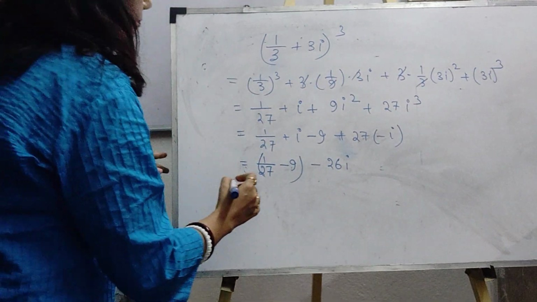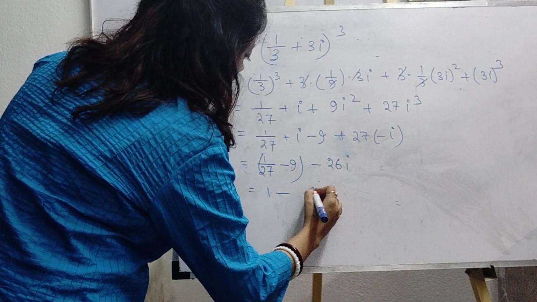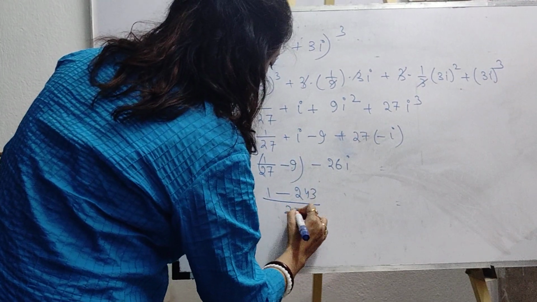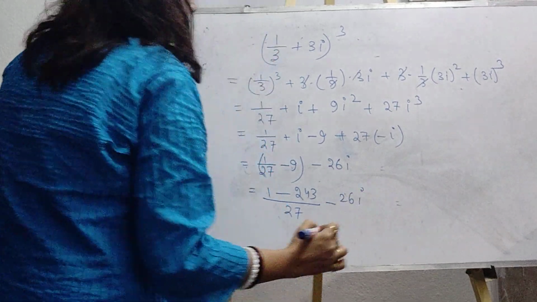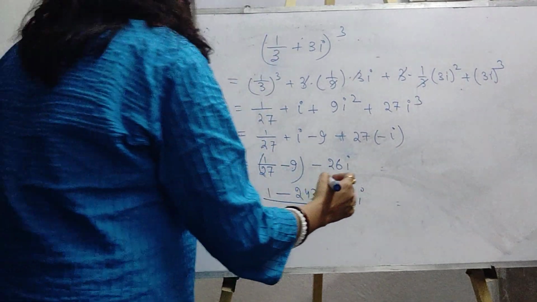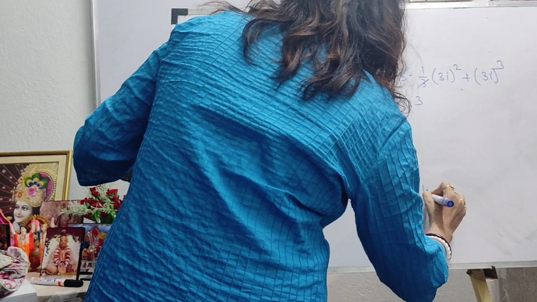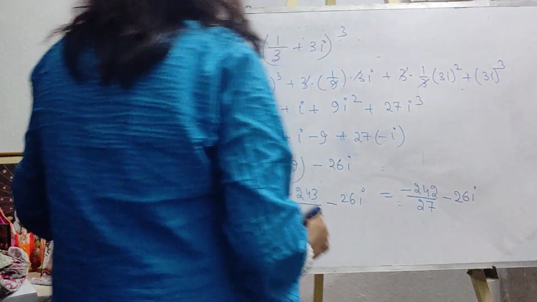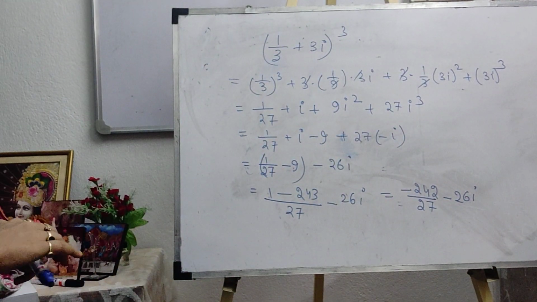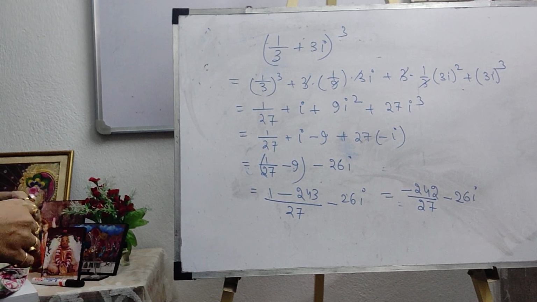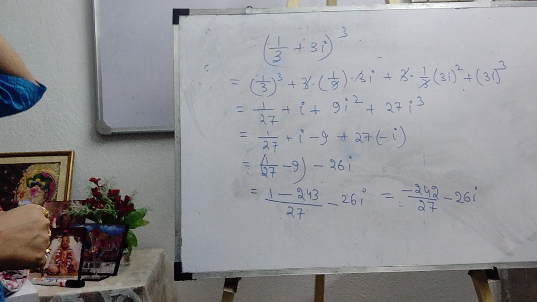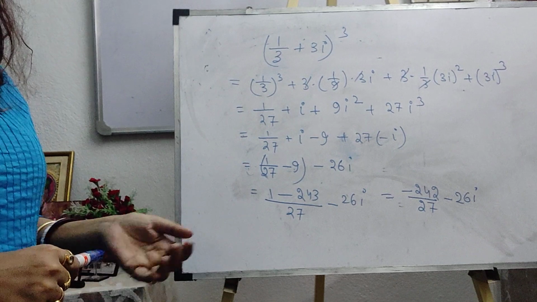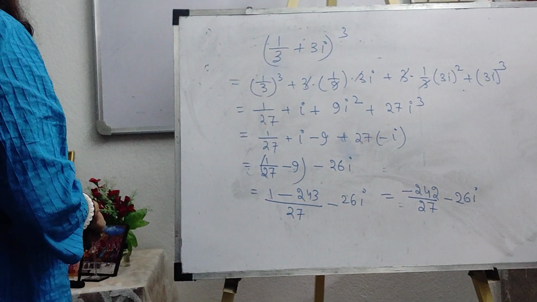So the solution will be minus 242 by 27 minus 26i. Alright. So I used the formula of a plus b whole cube. Then I used the value of i square, that is minus 1, and i cube, that is minus i. This is the simplification of this expression.